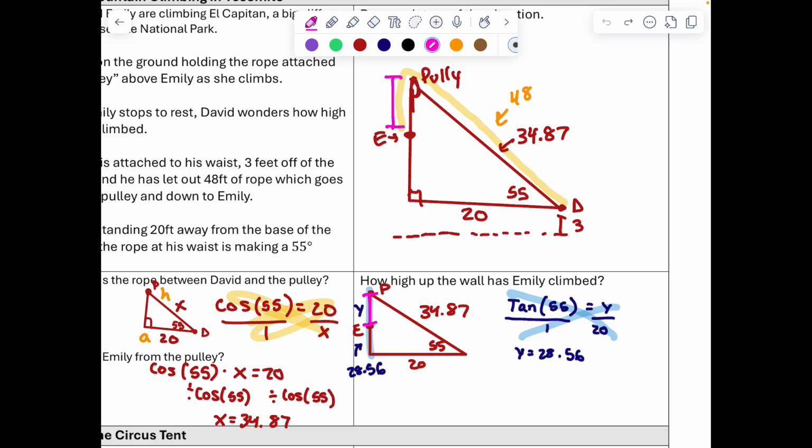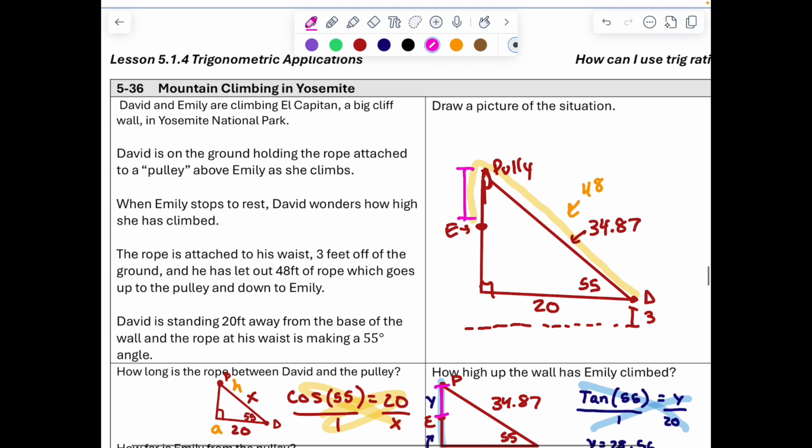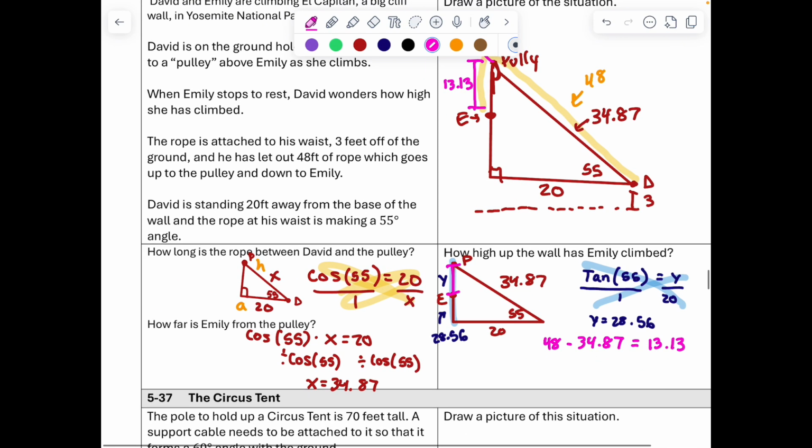So let's subtract that away real quick from the total 48. And that's going to get us 13.13. So that means from the pulley down to Emily, there is 13.13 feet of rope, okay? So Emily is 13.13 feet away from the pulley.